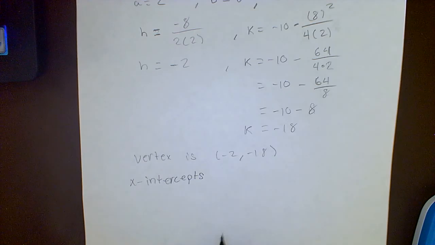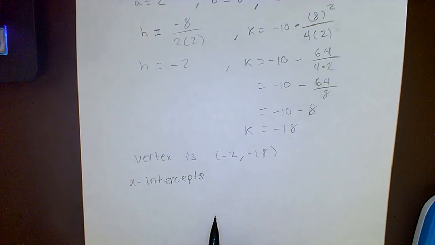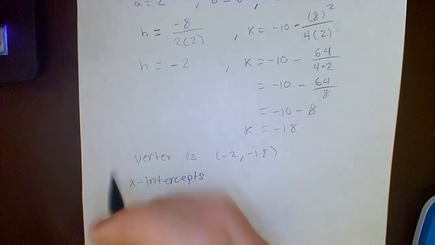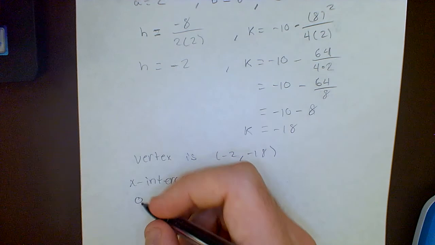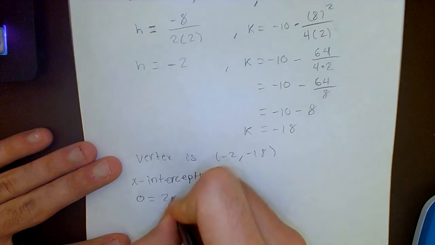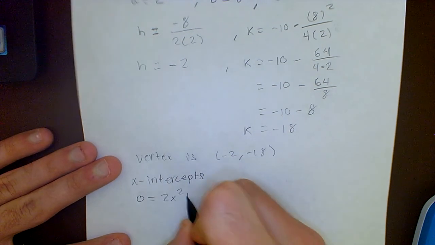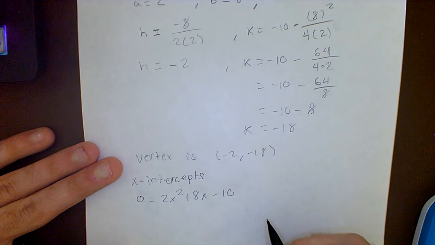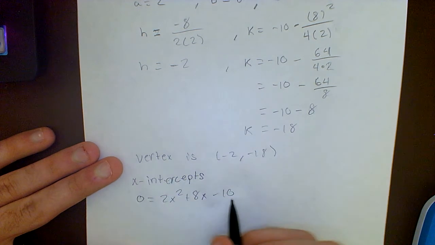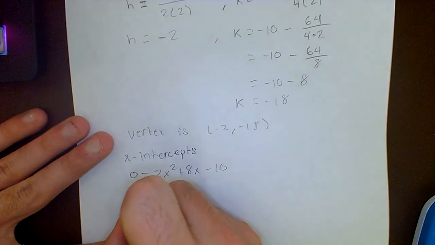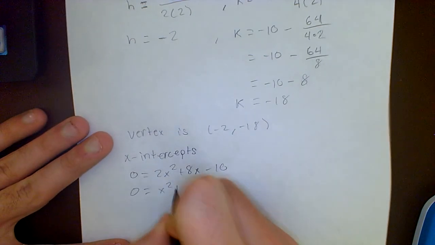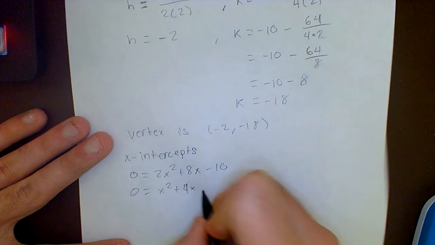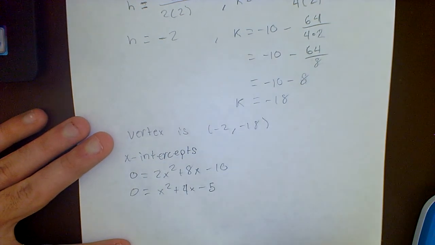The x-intercepts are when you set the left-hand side equal to 0. So 2x squared plus 8x minus 10. Everything has a 2 in it, so I'm going to divide both sides by 2. So we get 0 equals x squared plus 4x minus 5.